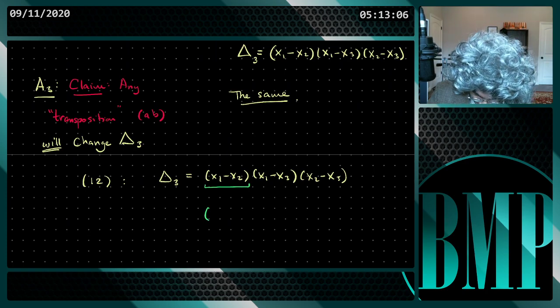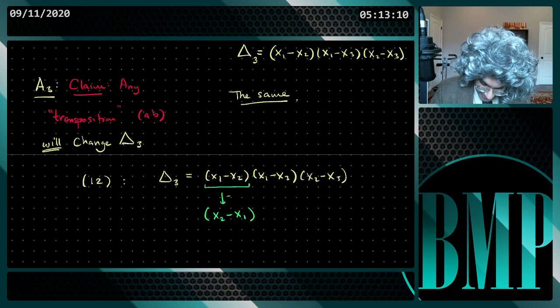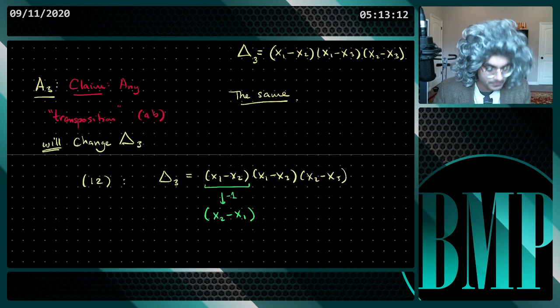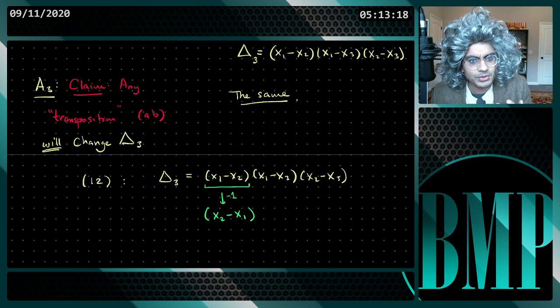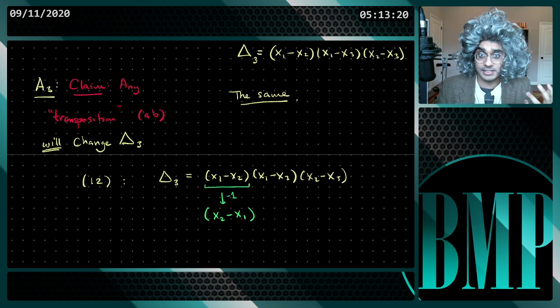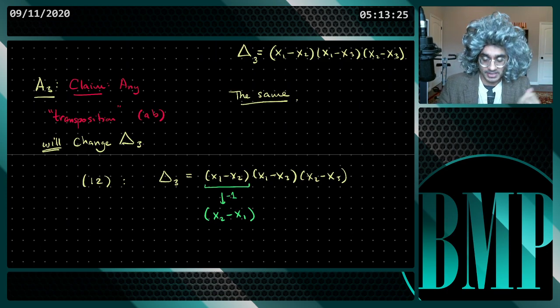So this becomes exactly the opposite. This got a minus sign. This became the negative of the other. Then x1 minus x3 becomes x2 minus x3, and x2 minus x3 becomes x1 minus x3.